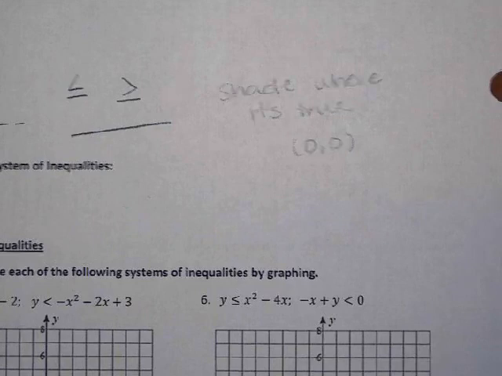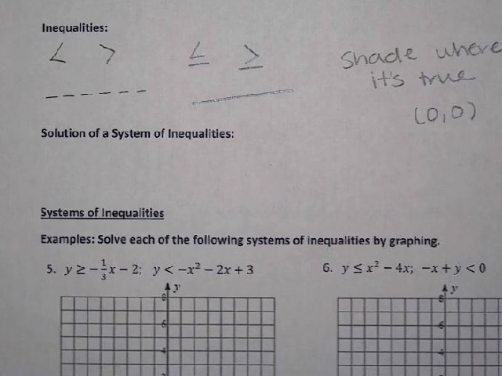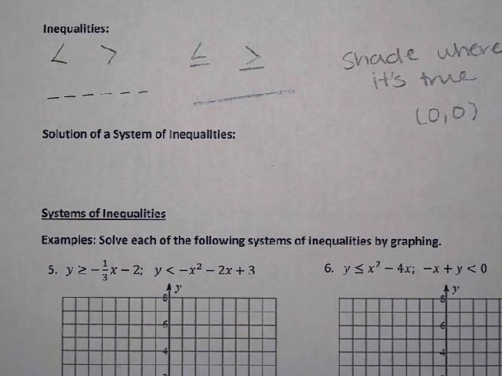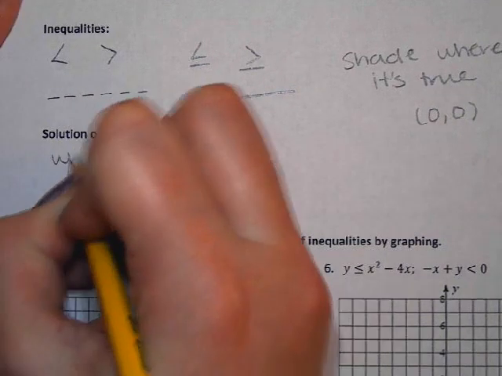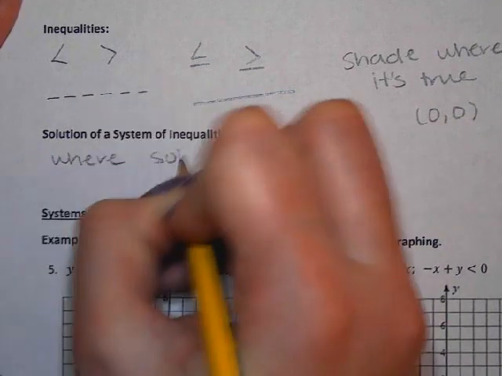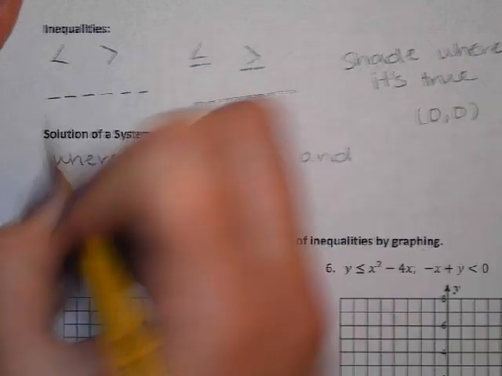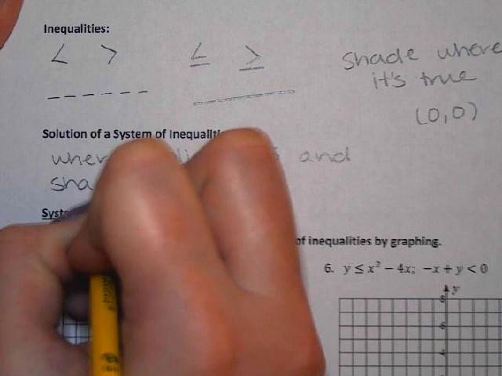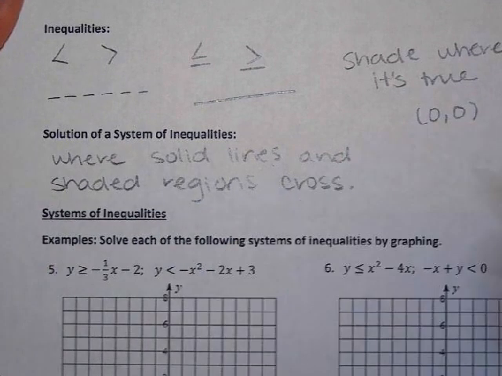So the solution to a system of inequalities can still be where the lines intersect, as long as they're both solid lines. But you're going to look at where the shading intersects as well. Okay, so we're going to say where solid lines and shaded regions cross.